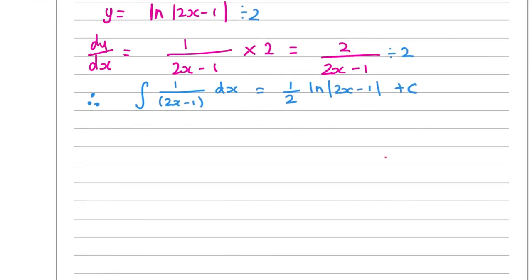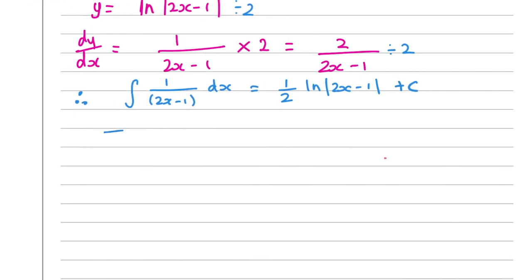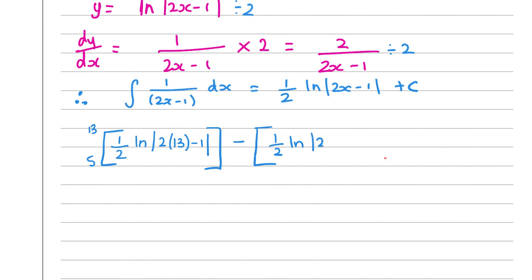So once we've integrated it, it's now going to be between 13 and 5, a half ln 2 lots of 13 minus 1, minus a half ln 2 lots of 5 minus 1.